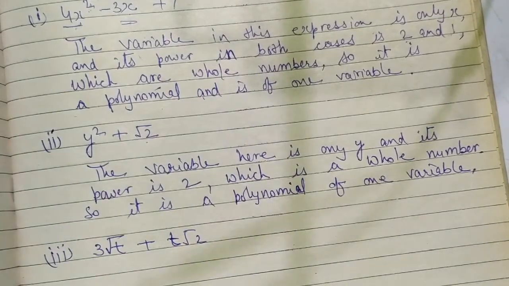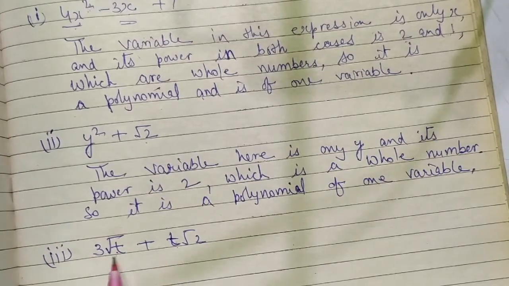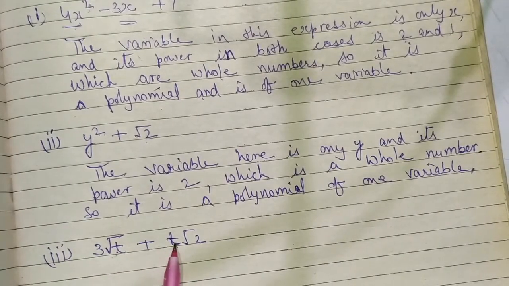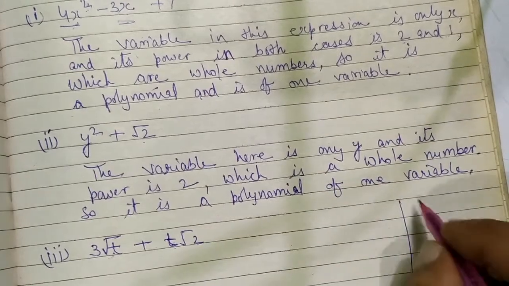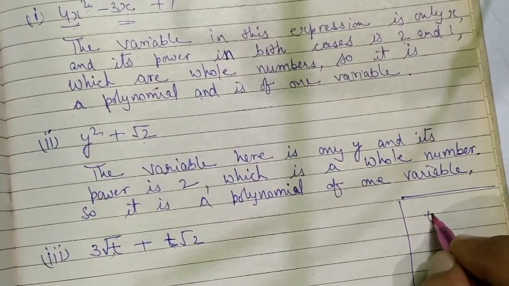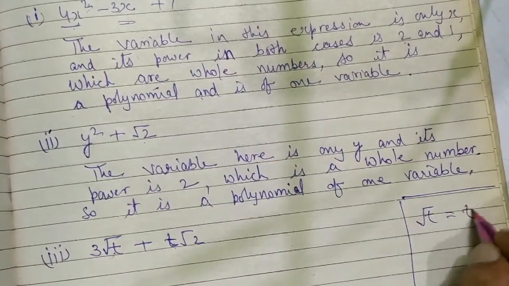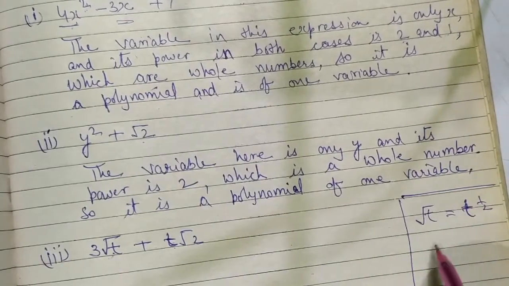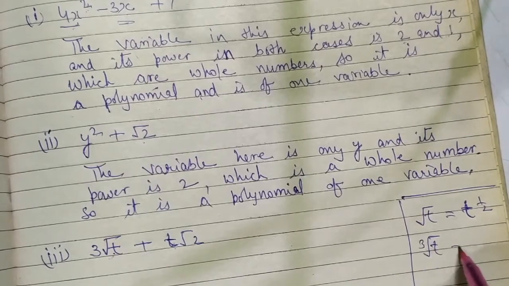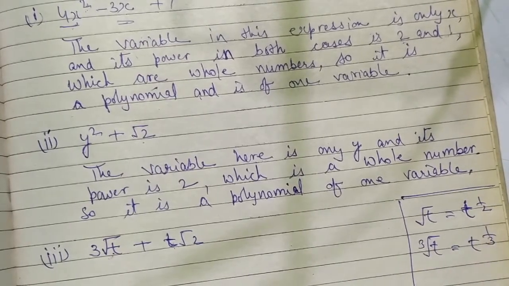Okay, so we need to consider the variables here. So both of these are variables. Now I must tell you roughly, I mean this is not the fair thing, but if the question is like this, so this root t is t to the power 1 upon 2, and if it is 3, so this is 1 upon 3.